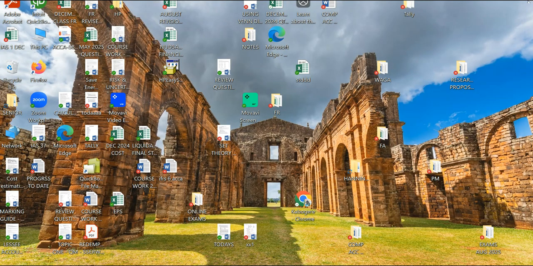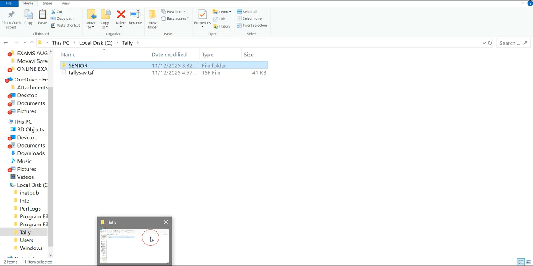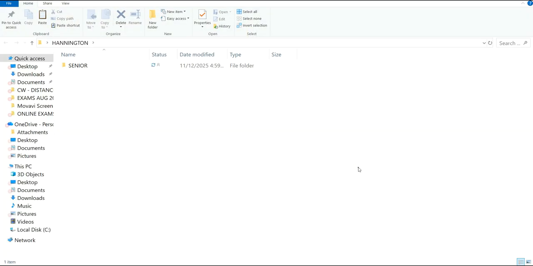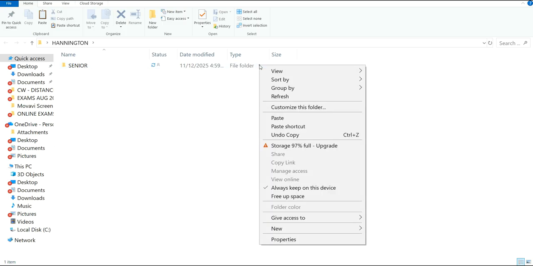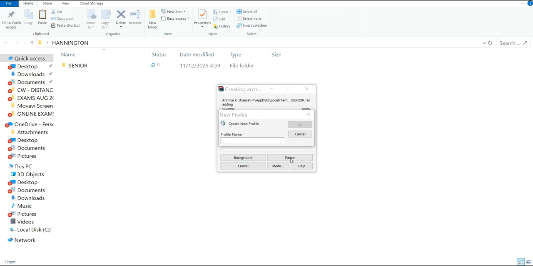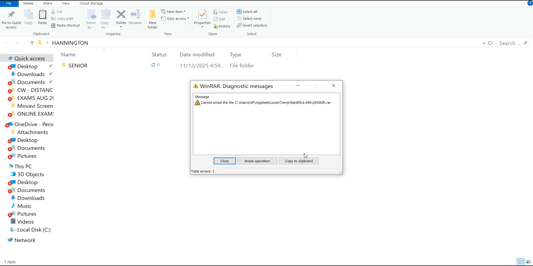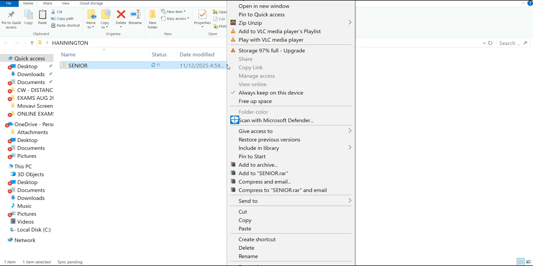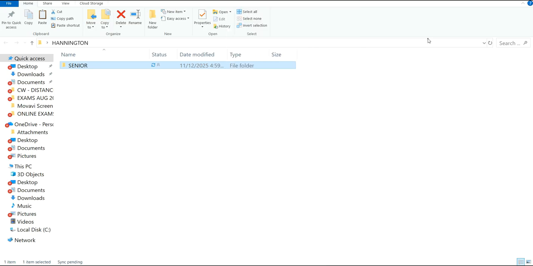So you just go to local disk under tally, then you get that folder from there depending on how you named it. Then come and paste it in the folder on the desktop, as you can see. This work can be opened. What you can do, just copy this same folder. Don't open it.